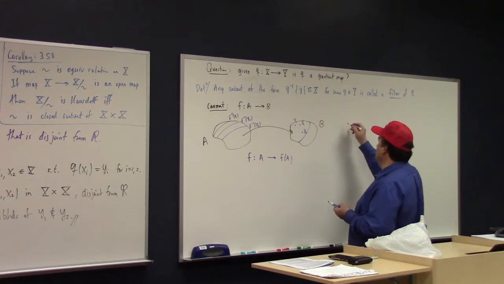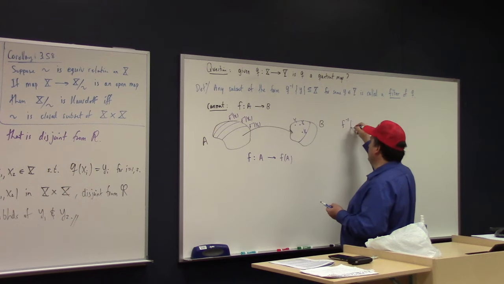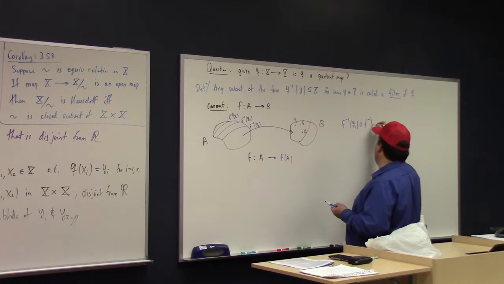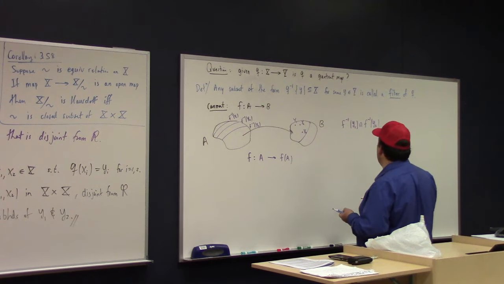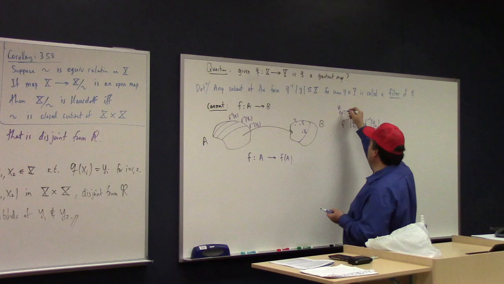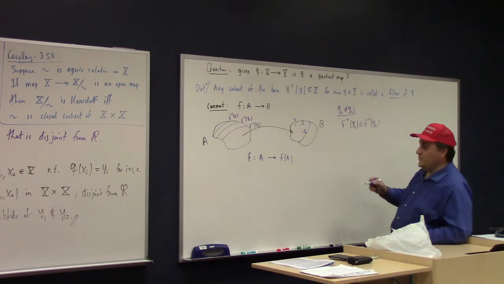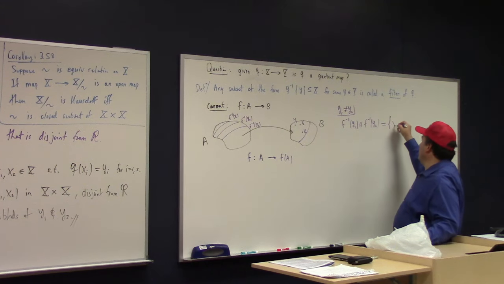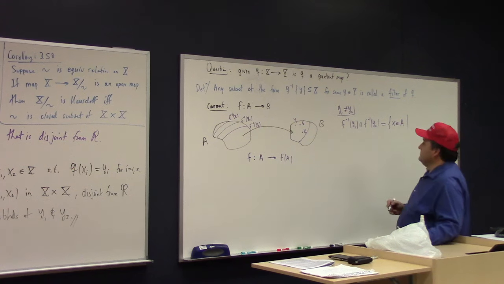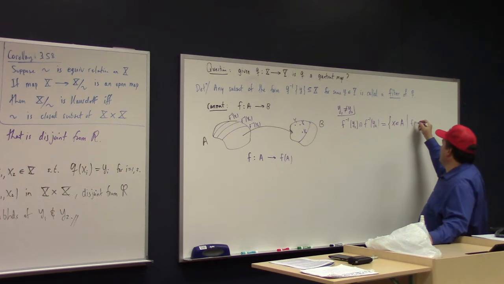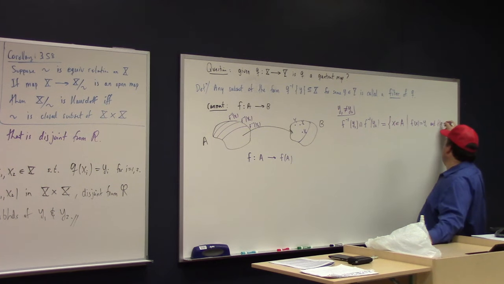And if you look at that, what's F inverse of Y1 intersected with F inverse of Y2? What can you say about the intersection of two fibers, supposing Y1 is not equal to Y2? What does this look like? You're looking for X in A such that F of X equals Y1 and F of X equals Y2.